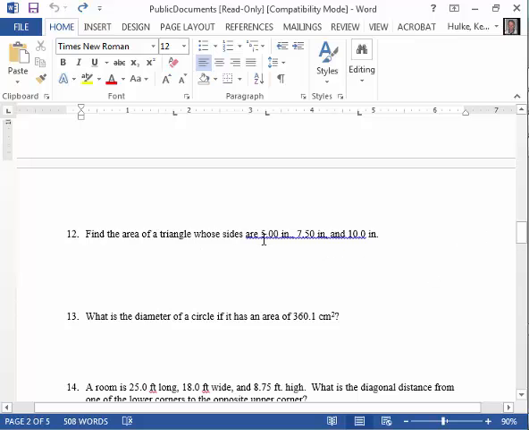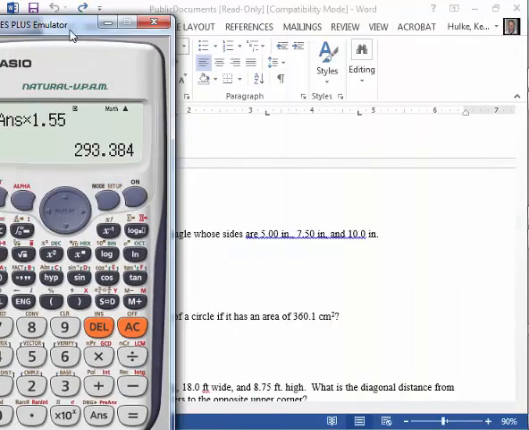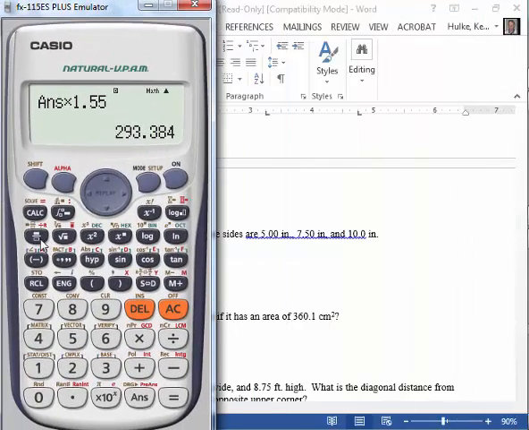Find the area of a triangle, so we're going to have to use Heron's theorem here, or Hero's theorem. First of all we find the semi-perimeter, which is 5 plus 7.5 plus 10 over 2, so the semi-perimeter is 45 over 4, or 11.25.